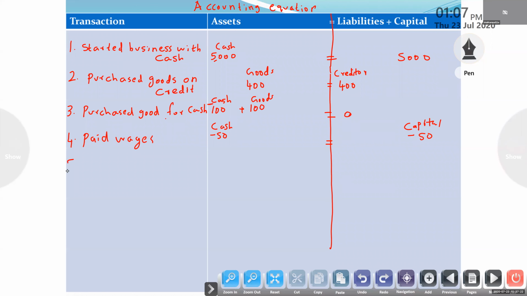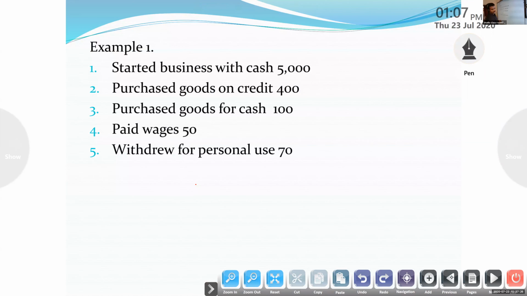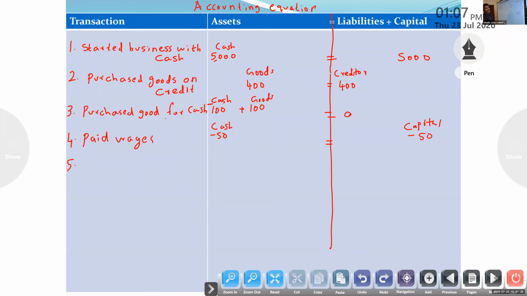Next, withdrew for personal use. Withdrew for personal use means withdrew cash. If it is goods, they will mention goods. Here it means the amount withdrawn by the owner from the capital for personal use. That is drawings.